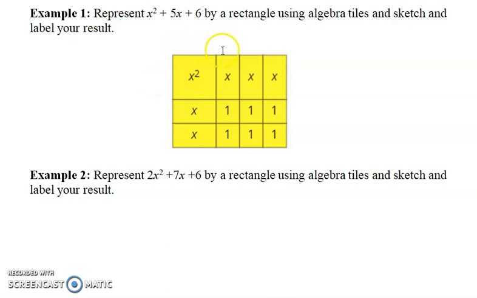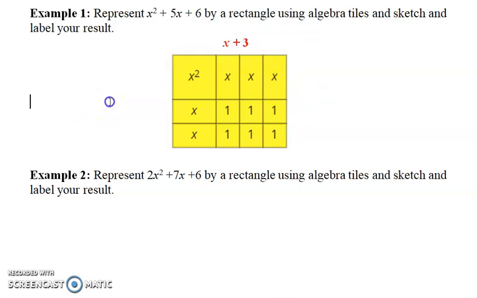So my result here is going to be x plus, and remember these sides here are all 1, so there's 1, 2, 3, because remember an x tile is x, which is the long side, times 1. So this side here is x plus 3.